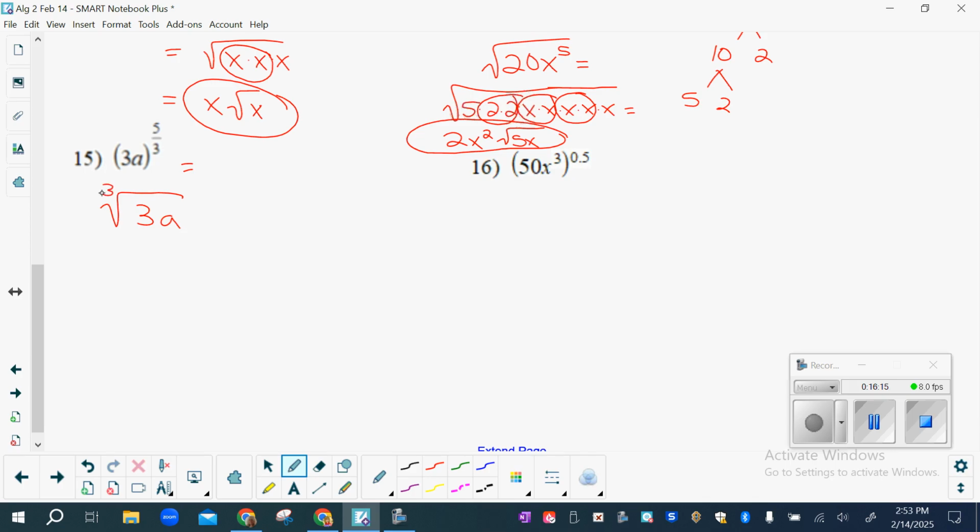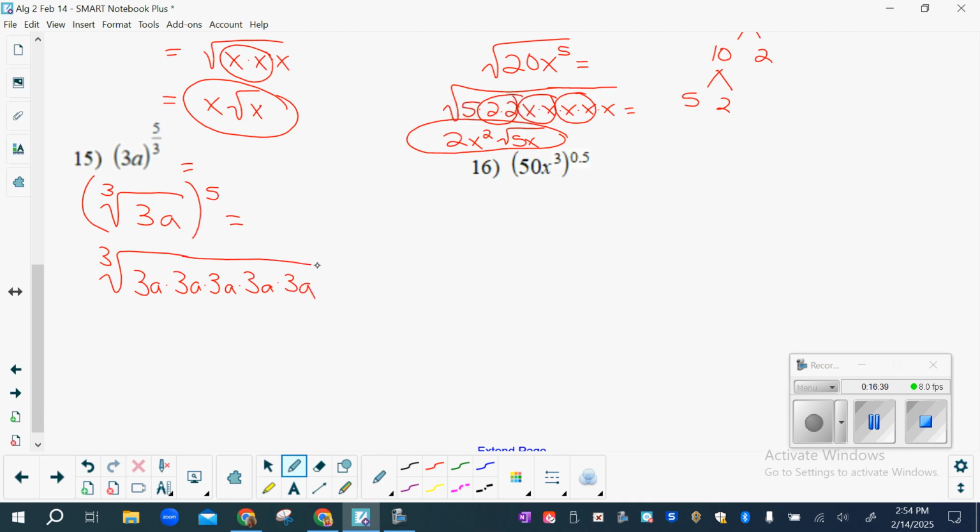Good. 5 on the inside. So we can put either to the 5th out here or parentheses to the 5th on the inside. Either one is fine. What I would do next, there's more than one way to do this, is I would rewrite this as 3a times itself. How many times? 5. 3a times 3a times 3a times 3a times 3a.